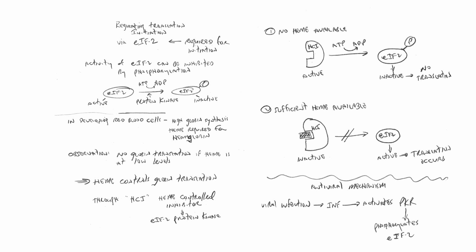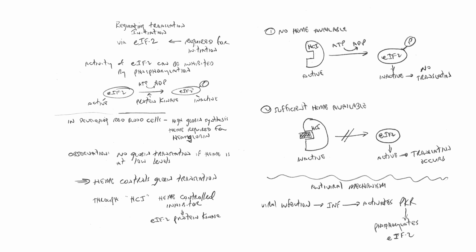They're not producing other stuff. They're not dividing. They're not doing much of anything else except producing globin to make hemoglobin. So in that case, you can afford to turn off total protein synthesis because virtually the entire system is synthesizing globin.